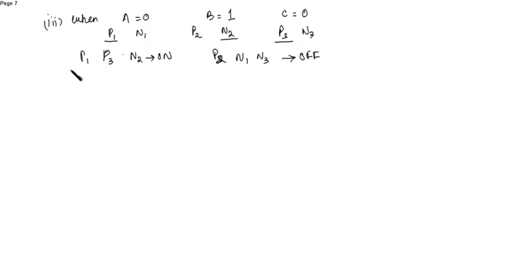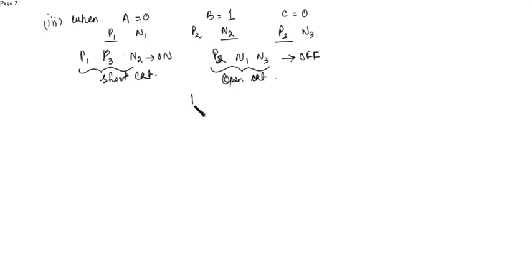So when P1, P3 and N2 turn on, they are represented by short circuit, and the others by open circuit.